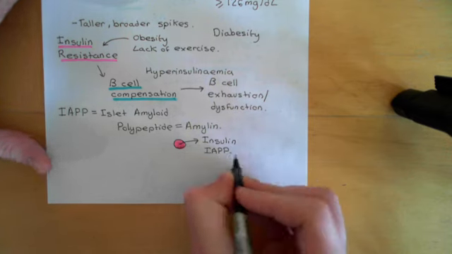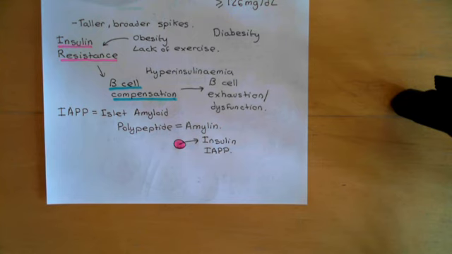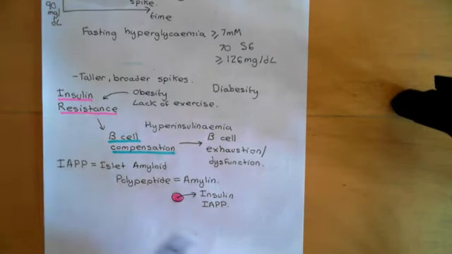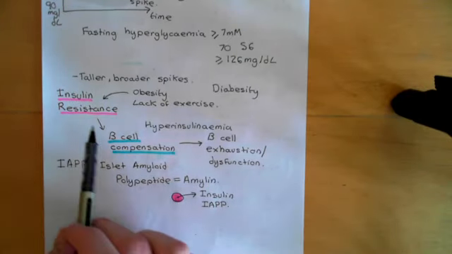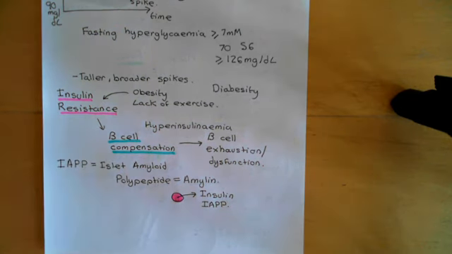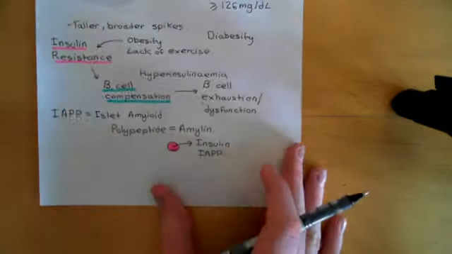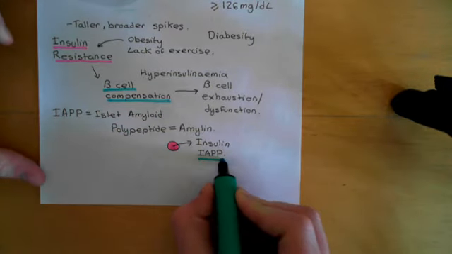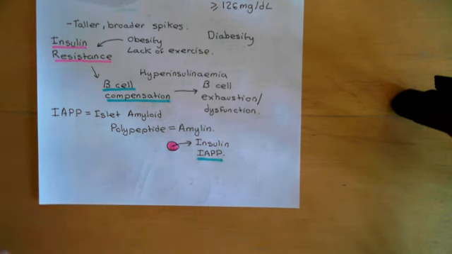Now IAPP is not a brilliant protein. It has a tendency to misfold and aggregate into amyloid fibrils. Now, in the pathology of type 2 diabetes mellitus, the peripheral insulin resistance causes beta cell compensation initially. The beta cells start secreting far too much insulin to compensate for the peripheral insulin resistance. That means that they also secrete far too much IAPP, islet amyloid polypeptide.